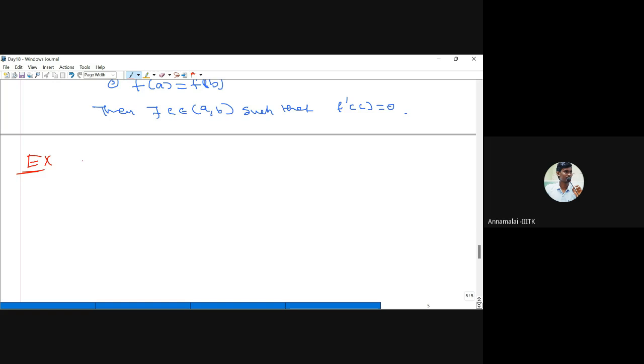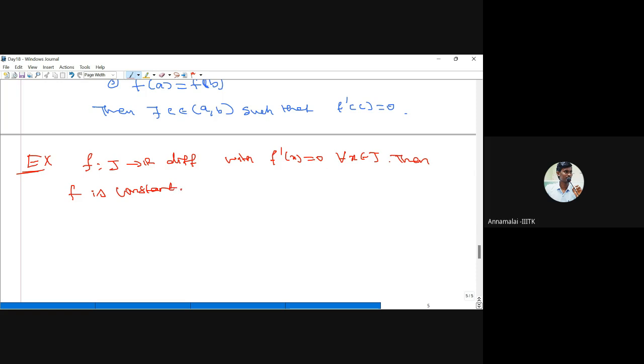So f is a function from J to R that is differentiable, with the derivative of the function equal to 0 for all points in the interval. Then f should be constant.